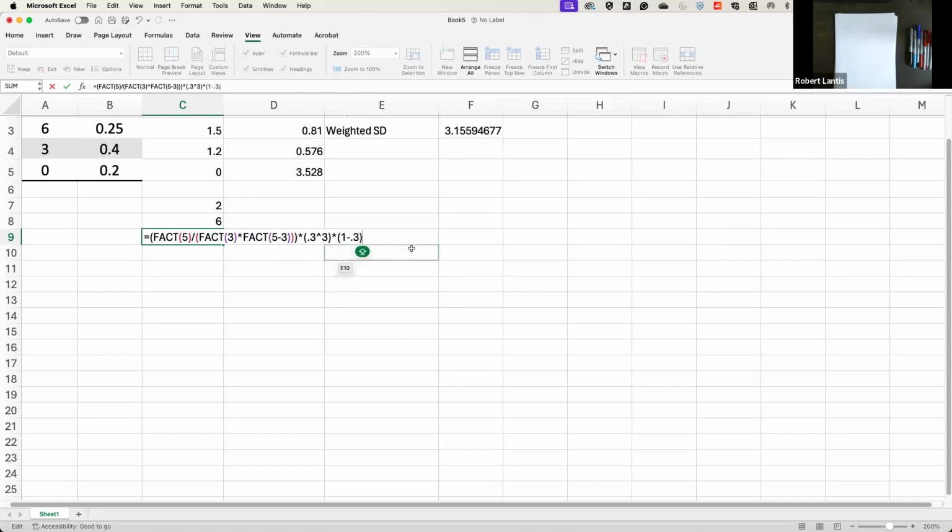So 1 minus 0.3 to the n minus x, so 5 minus 3. If I hit enter, I should get 0.1323.